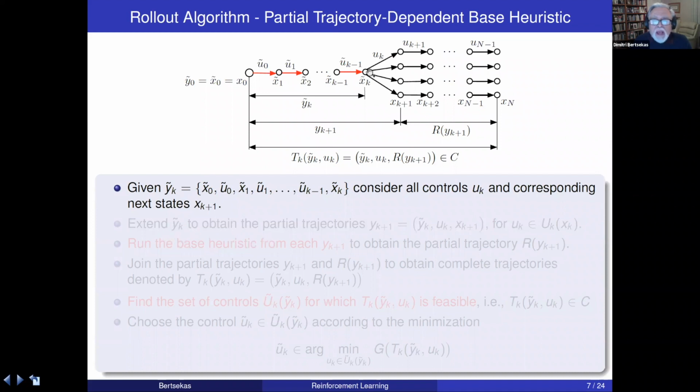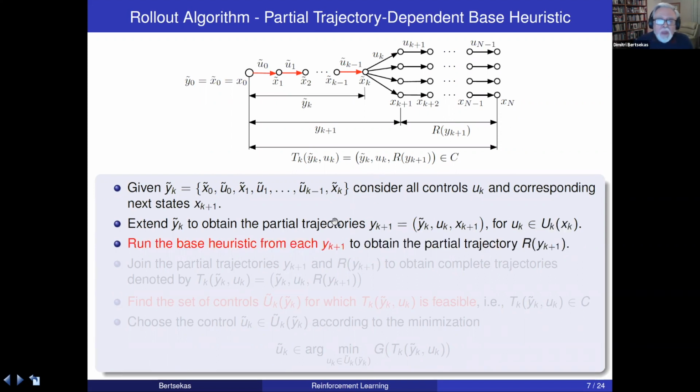And now we extend this partial trajectory by one control and one state. We extend y tilde k to obtain all these partial trajectories that start from here and end up at these points here. We add uk and the corresponding next state, and we do this for all feasible controls.